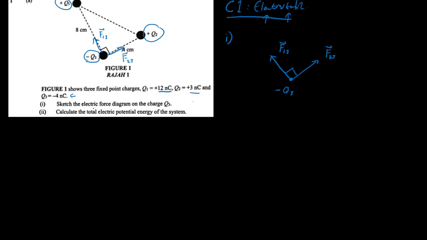Now let's look at the second part of the question, which is about calculating the total electric potential energy of the system. Electric potential energy is a scalar quantity, so generally we don't worry about direction.